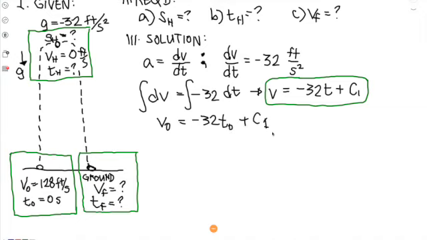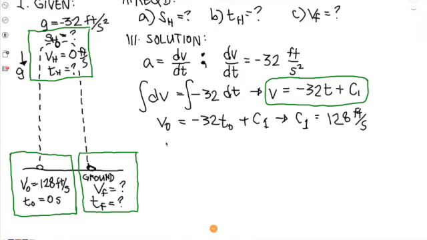Solving for C1, since T sub O is 0, this whole expression would be 0. So C1 would just be equal to the initial velocity, which is 128 feet per second. As I've reminded you earlier, most of the time the arbitrary constant is just the initial condition.